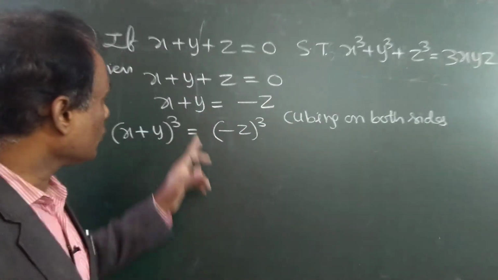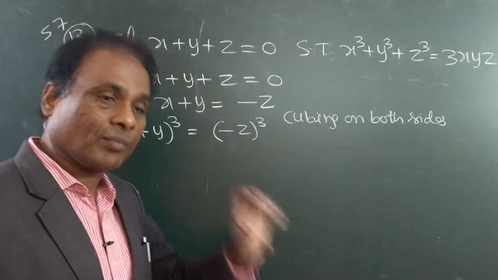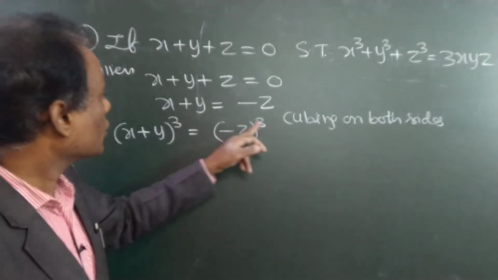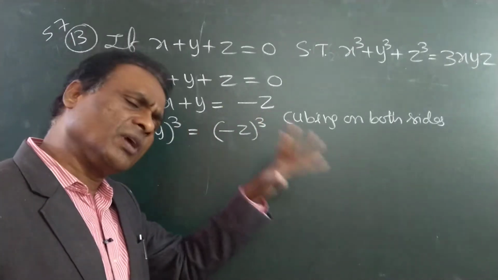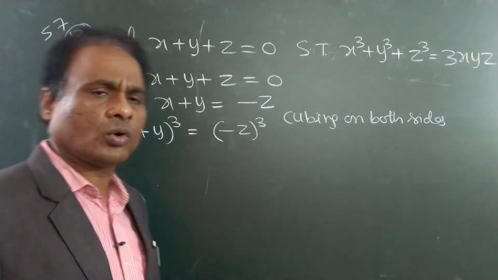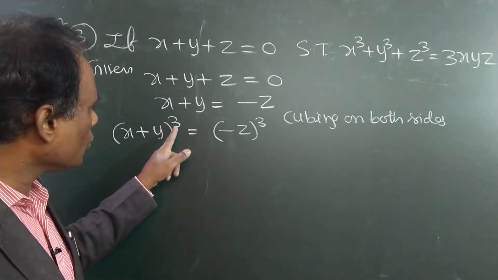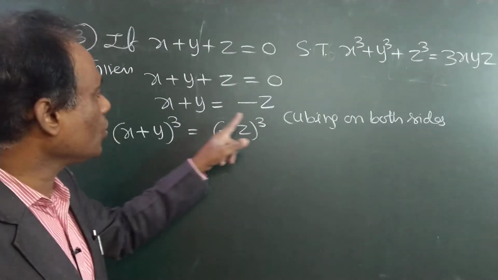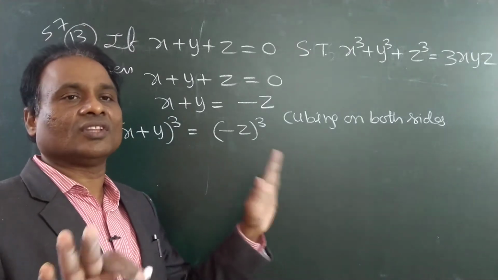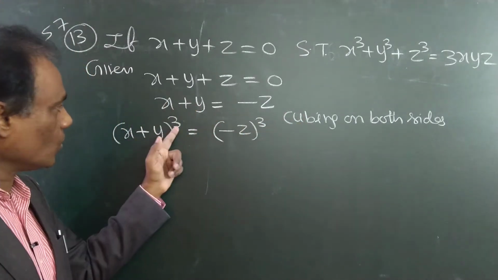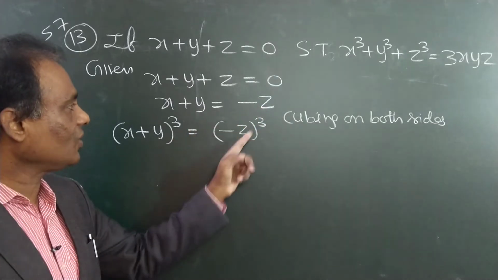We can multiply or divide both sides with some number. And squaring both sides, cubing both sides, raising any power on both sides, anything, because it is equal. Whatever you do on the left side, same if you do on the right side, then there is no change in the value. So I am cubing on both sides. Left side whole cube, right side whole cube.